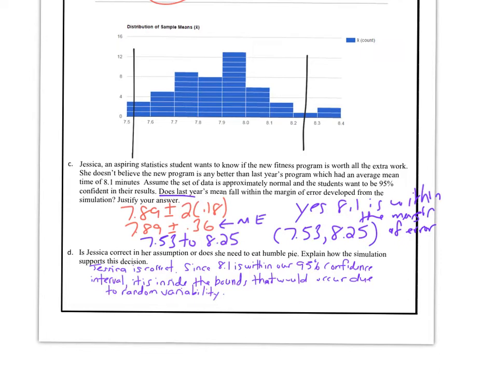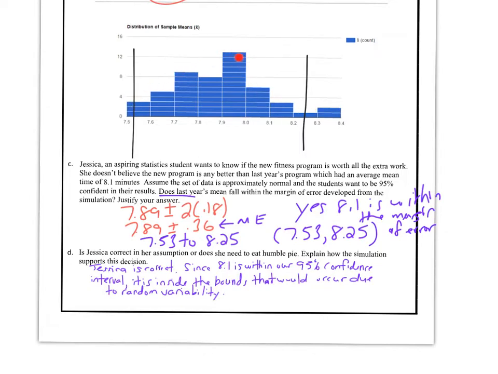If it falls above, so let's say they had gotten 8.3 was the previous year, or 8.4. Well, then we would say no. We would say, hey, it's better, because our 95% confidence interval has told us that it should be between here and here, between 7.53 and 8.25, and we had 8.4 for the previous year's time. If that had happened, we would say, hey, Jessica has to eat humble pie. She's wrong.